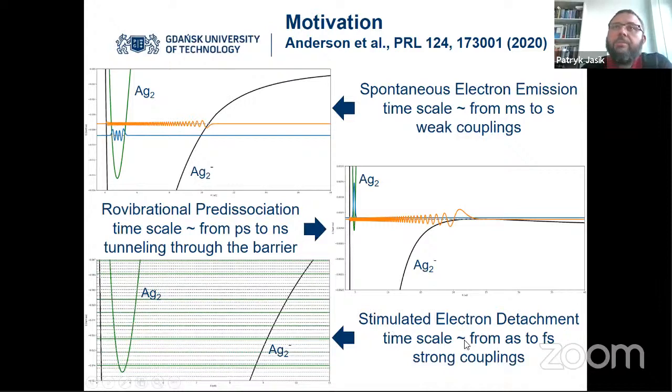And we are working on methods which allow us to investigate the dynamics in systems with strong couplings. You can see here that the vibrational levels of the neutral molecule are in the soup of many vibrational levels of Ag2 minus. So if we couple this, we will be able to show the dynamics on a very small scale.